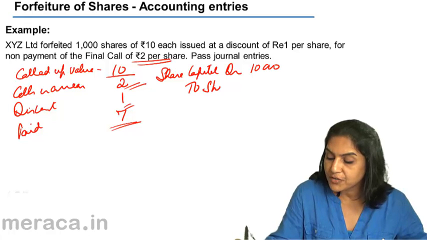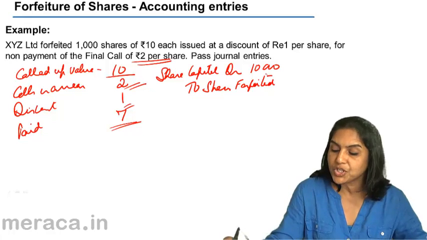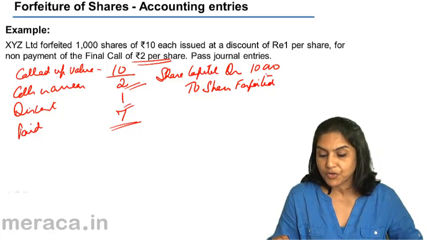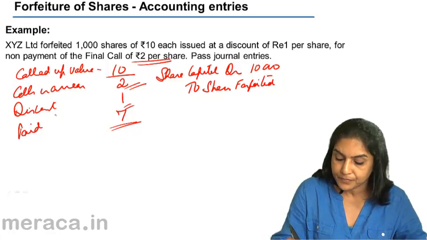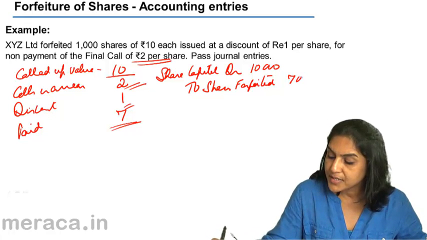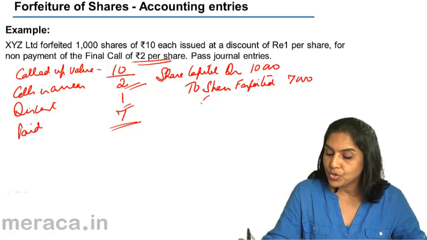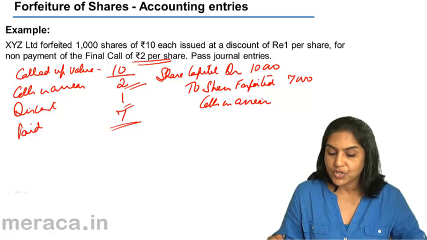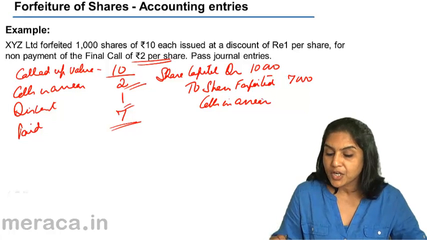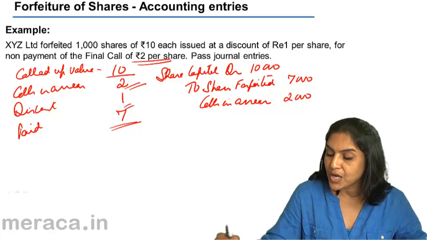To shares forfeited with the amount received on the shares forfeited. How many shares forfeited? 1000 shares forfeited into the amount received is 7. That is 7,000. To calls in arrears. How much is the calls in arrears? 2 per share, 2 into 1000, 2000.